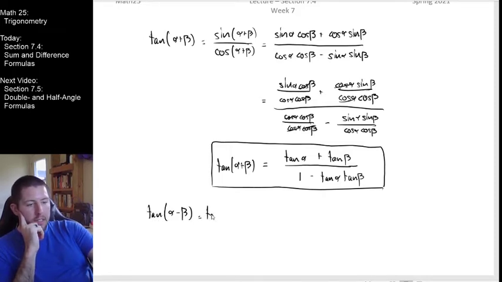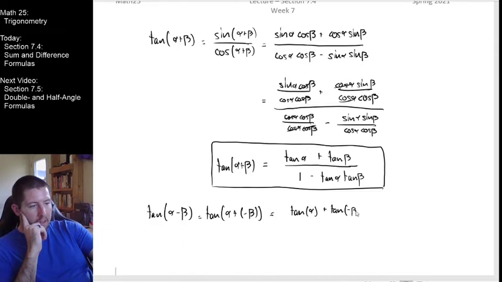We're thinking of this as tangent of alpha plus negative beta. So that's going to give me tangent alpha plus tangent negative beta over 1 minus tangent alpha tangent negative beta.